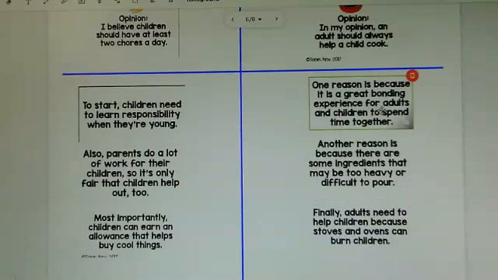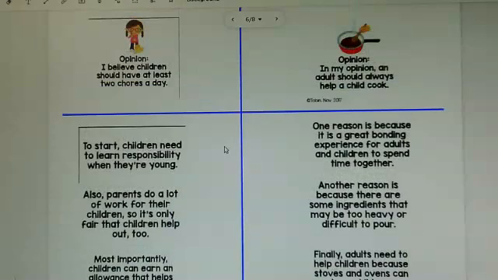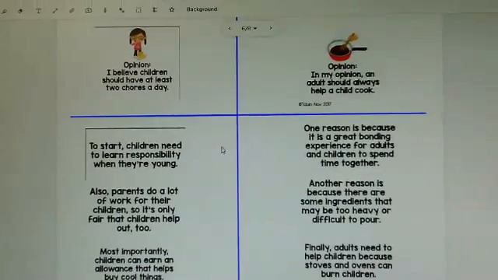This one says, one reason is because it is a great bonding experience for adults and children to spend time together. Well, that says one reason. That could come right after. That sounds okay. And then the second one says another reason. Oh, okay. So this one really does come first because it says one reason is because, and the second one says another reason is because, which means that we have already given one reason. So I'm going to read these and make sure they make sense. I'm going to see if I can back up a little so you can see the whole thing.